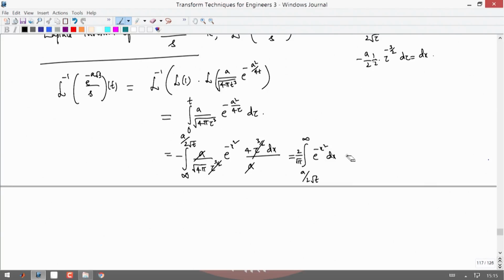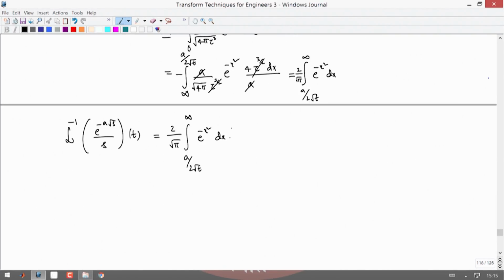So, Laplace inversion of e power minus a root s by s, a function of t, is equal to 2 by root pi times the integral from a by 2 root t to infinity of e power minus x square dx. So, this is one.